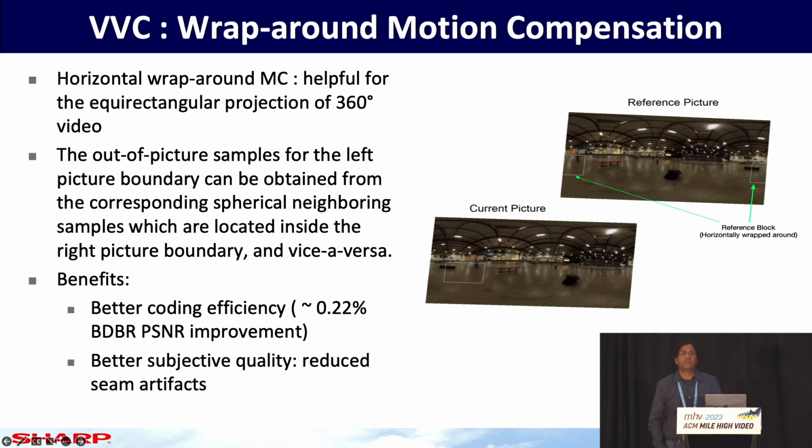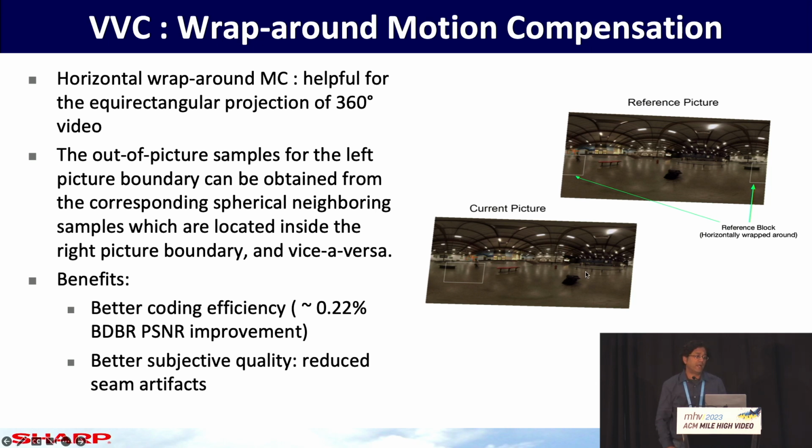And the idea is that without this wraparound motion compensation, when you have a motion vector which in your reference frame points to a block, part of which is out of the picture boundary, we would previously just do repetition padding, where you just replicate that edge to make the block whole.